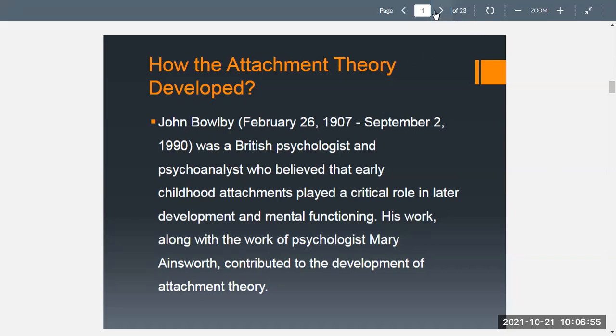I highly recommend that you get the book on Amazon.com by John Bowlby and Mary Ainsworth, titled Attachment Theory. Get it, read it, understand it, share it with people, educate others, and communicate it to anyone who is willing to listen and is open-minded, and spread the word about how it affects people. I highly encourage you to get the book.